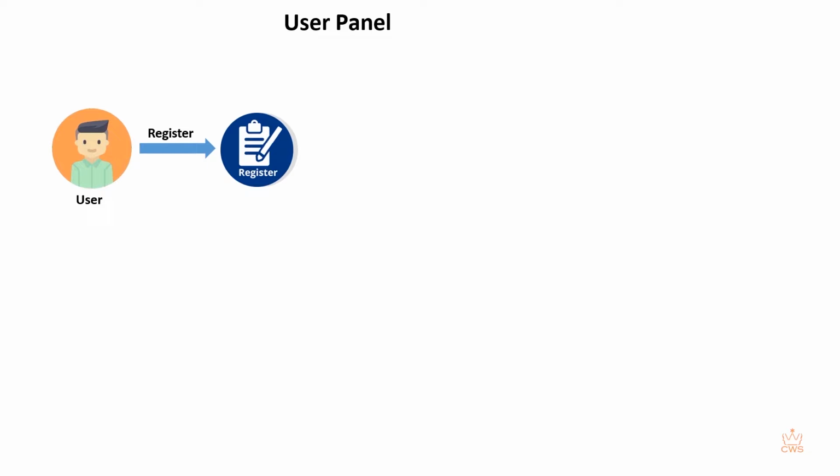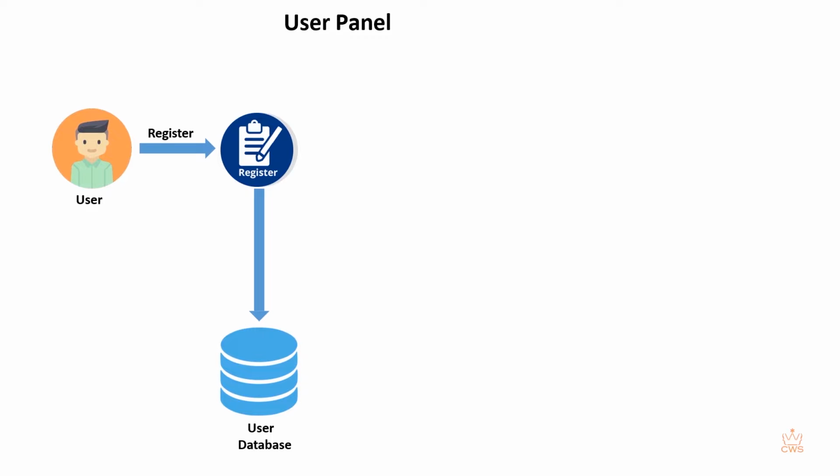Now let's talk about user panel. Hence, a user will have to register himself in the application if he is new to the app. Upon registering, he will have to enter his credential in the app so that his account can be created.